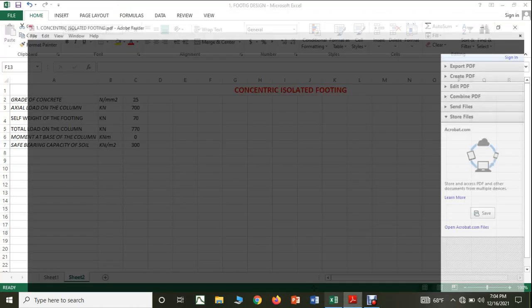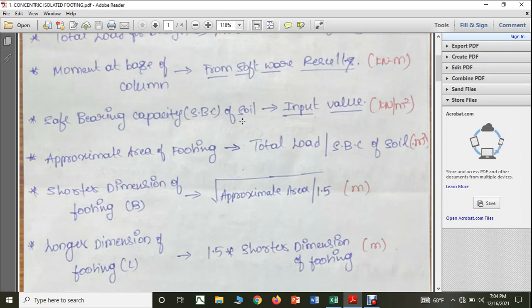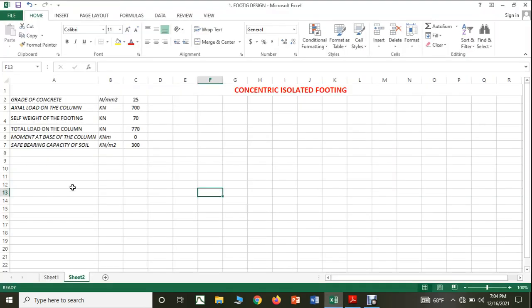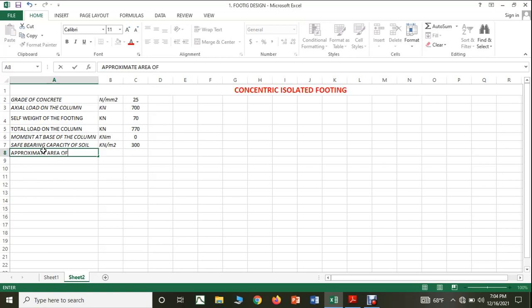Once you get the safe bearing capacity, your next step is calculating the approximate area of the footing. This is not an input value because we have to calculate this. Your approximate area of the footing will be in meter square.